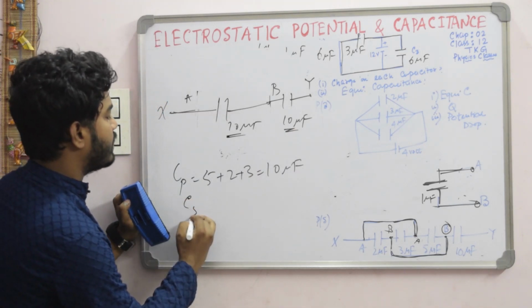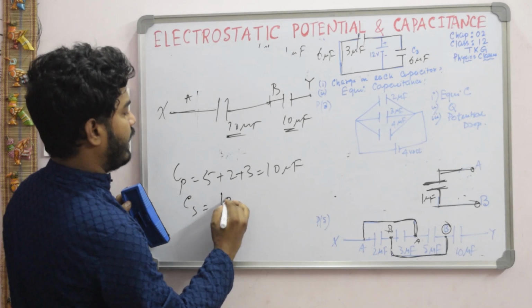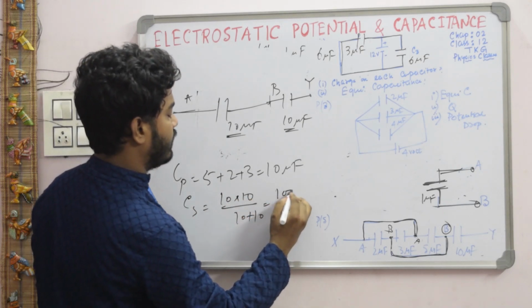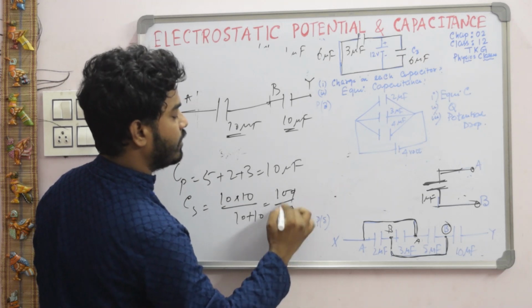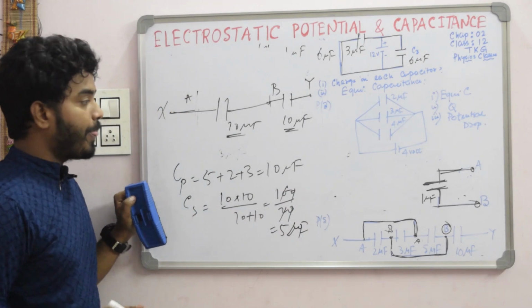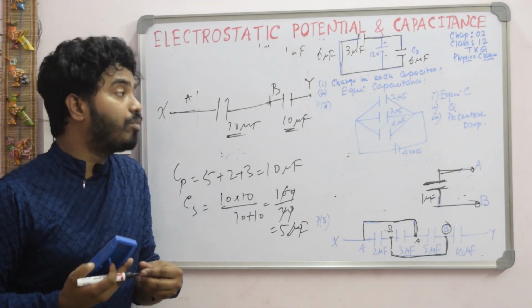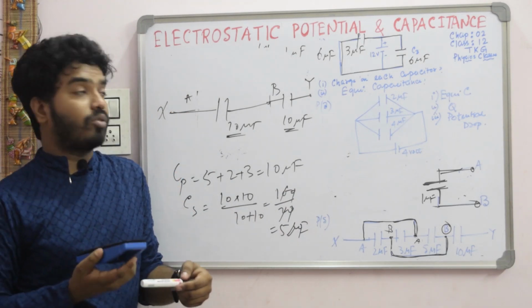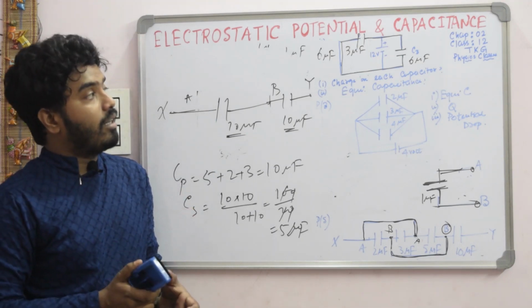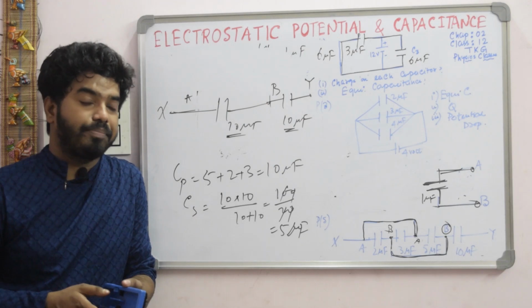So the equivalent capacitance is 10 into 10 divided by 10 plus 10, that is divided by 20. So this part becomes 5 microfarad. Okay. So these are the types of problem solved according to this method, and they are very important for your board exam.